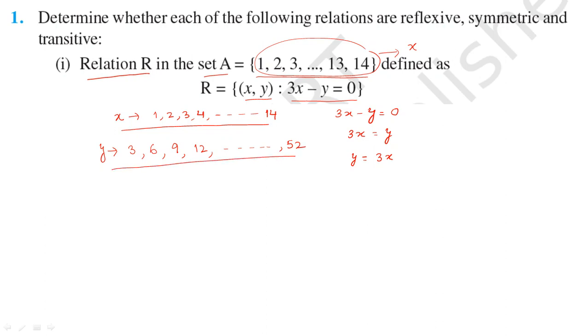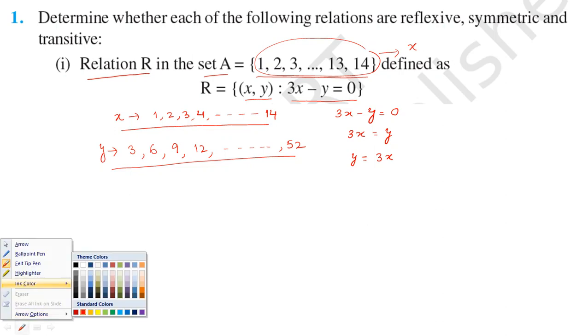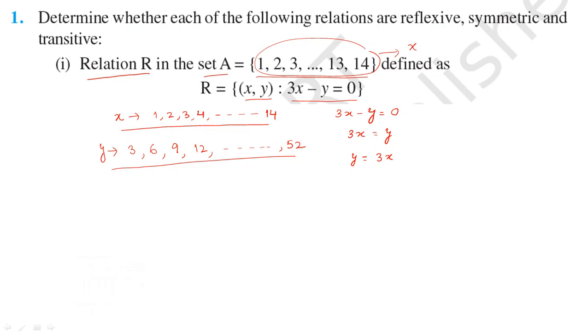You can represent these values using the content of a set, not the Venn diagram. I am talking about these values 1, 2, 3, 4 up to so on 14. And what about these values? These are the second set: 3, 6, 9, 12 up to so on.